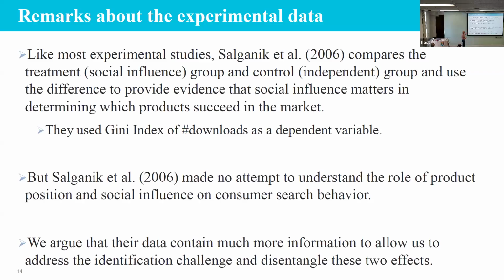Now, what is the original purpose of this experiment? I mentioned that they collected data in 2006. Once again, what's really interesting is trying to understand whether these things about social influence really exist in the real world. Can a song be successful just because of being lucky?